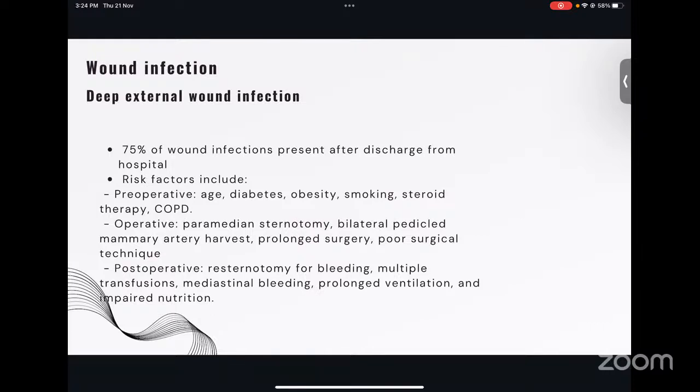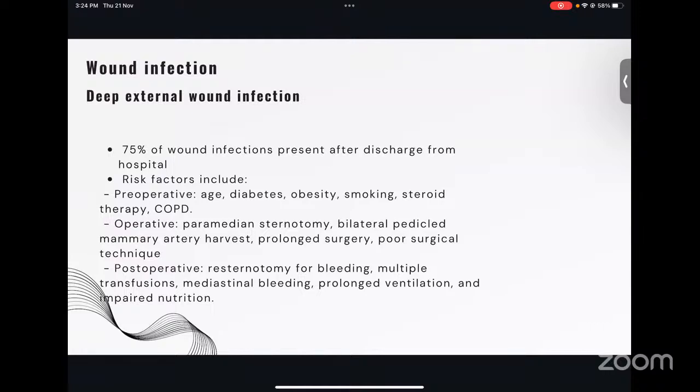Operative risk factors include parasternal sternotomy, bilateral harvesting of the mammary artery, prolonged surgery, and poor surgical technique, which includes excessive use of wax, excessive use of cautery, wrong placement of the sternal wires, and poor aseptic technique.